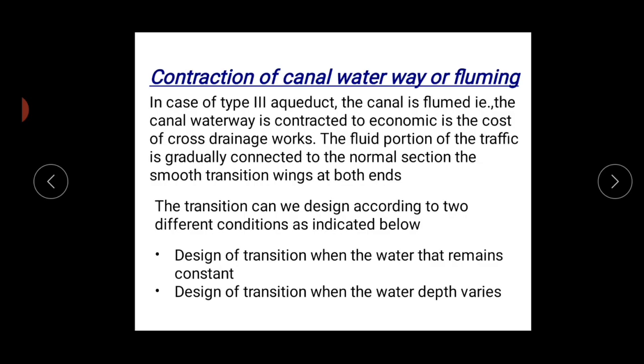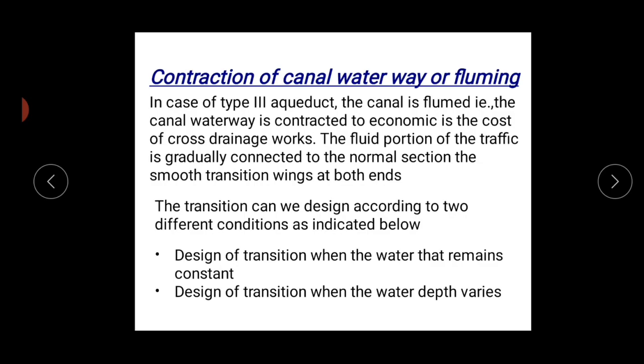The transition consists of curved and flumed wing walls so that there is minimum loss of head and the flow is streamlined. So the question is how we are going to design these transitions.